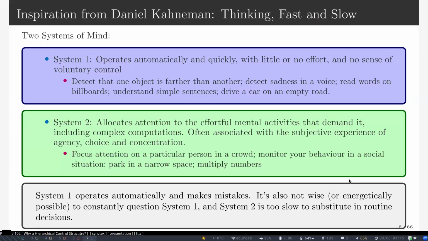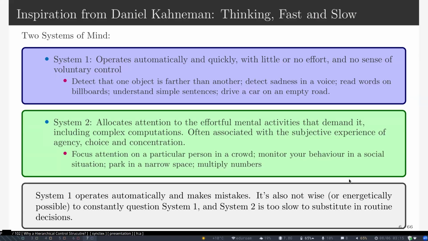One system is quick and automatic and messy. The other one is ponderous and takes effort to make better decisions. System one is fast and makes mistakes, but it's also very energy efficient. It doesn't consume much, and for most of the things that we do, it's good enough.